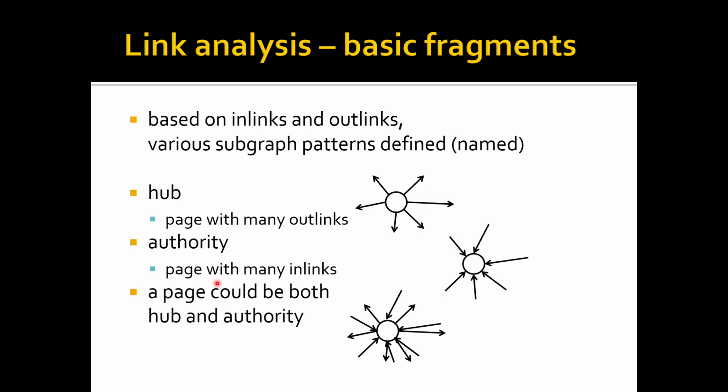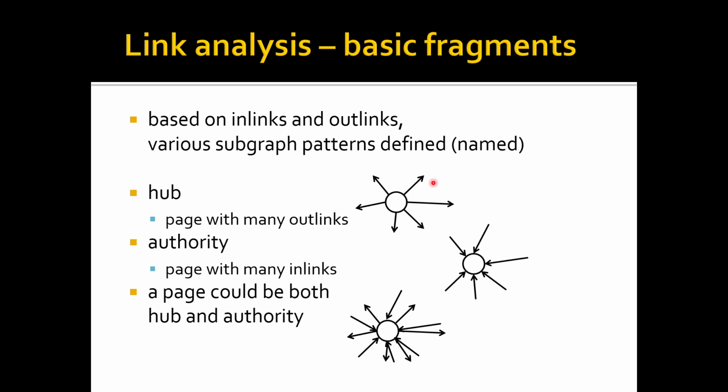And now, what are the basic patterns or fragments that we can observe within the web graph or within any graph that is directed? We will just introduce the terminology that is basically intuitive. So first, hub.